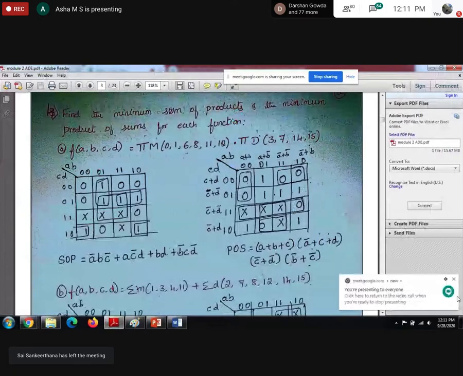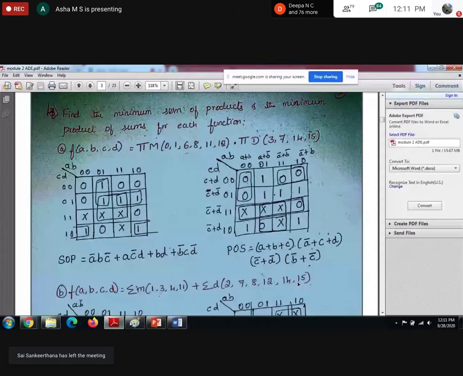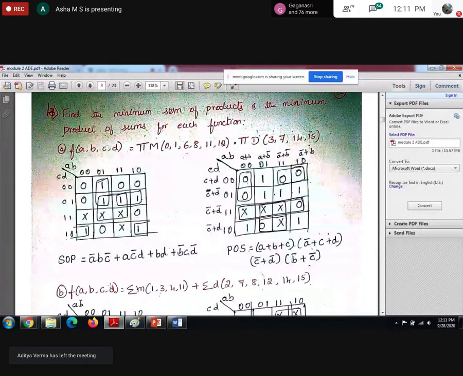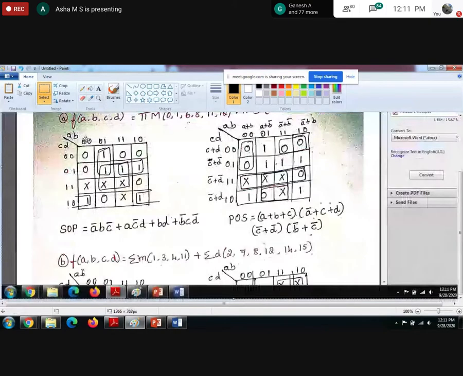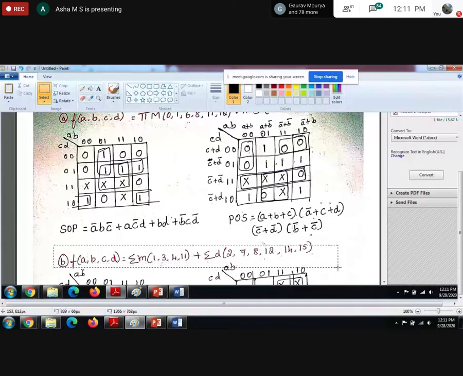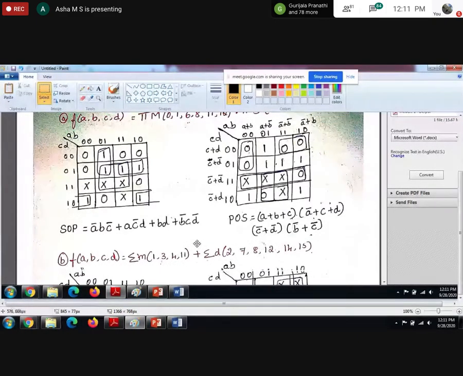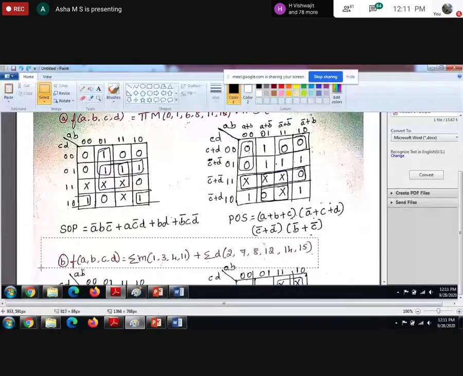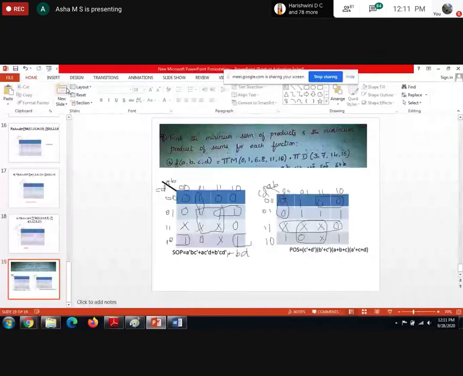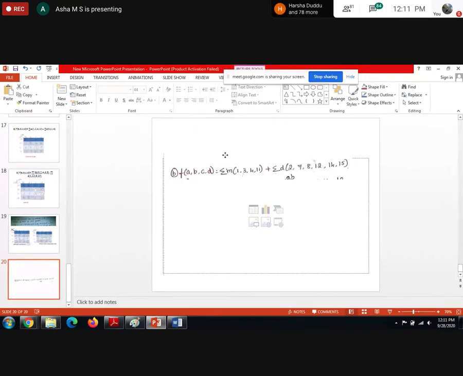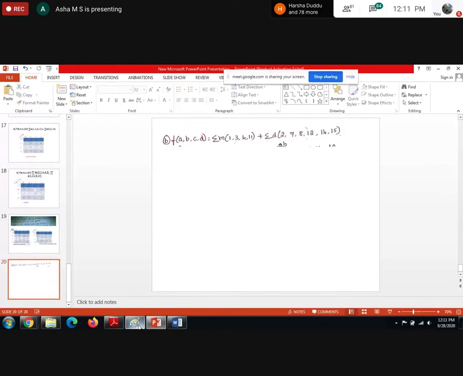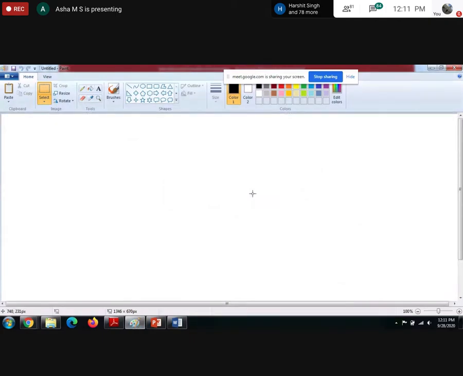Now take down this function. They are represented in terms of minterms.